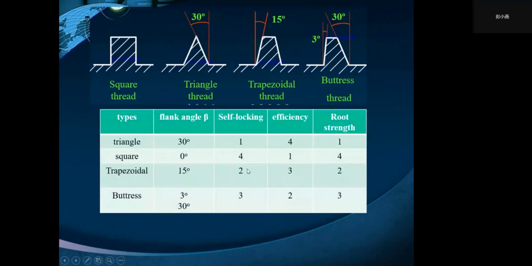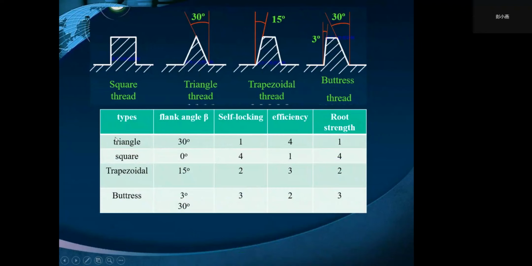The performance comparison of four threads is listed in the paper: self-locking, efficiency, and root strength. Level 1 represents the best performance, 4 represents the worst performance.